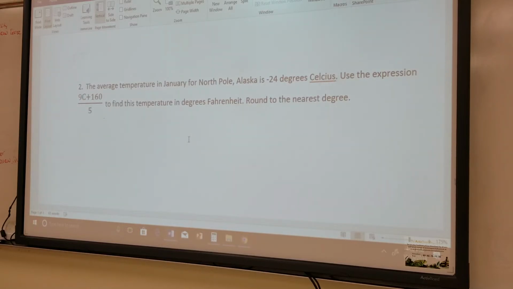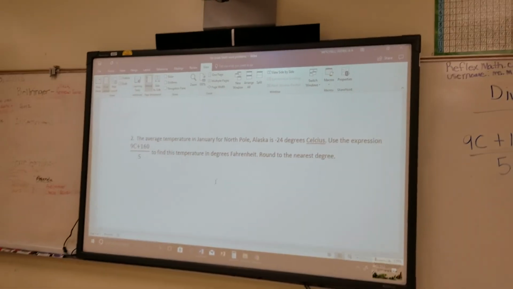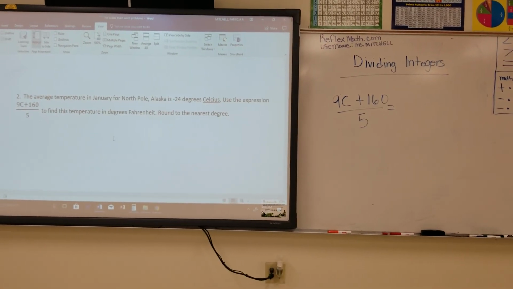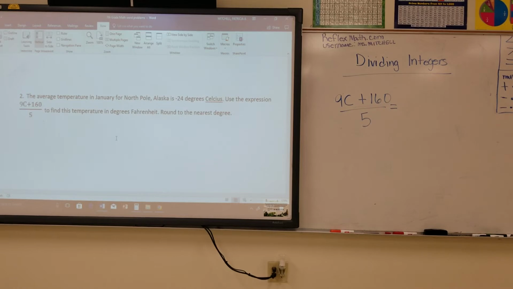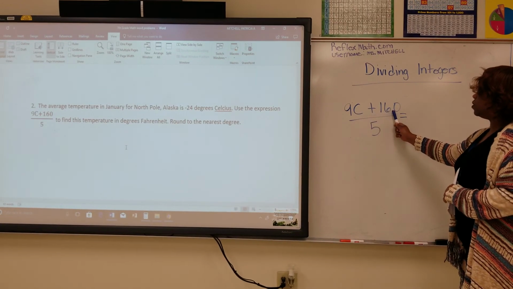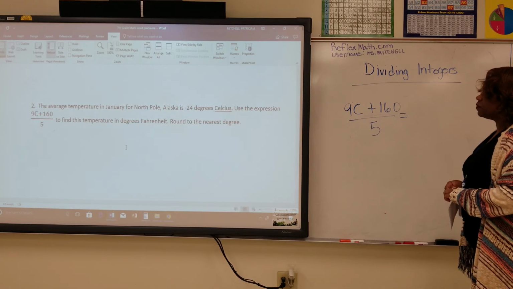All right. So the first thing that we need to do is set up our problem. So the formula that they gave us was 9C plus 160 divided by 5.